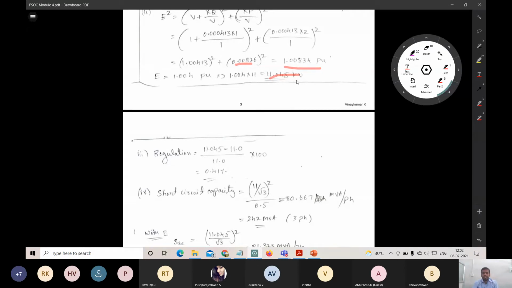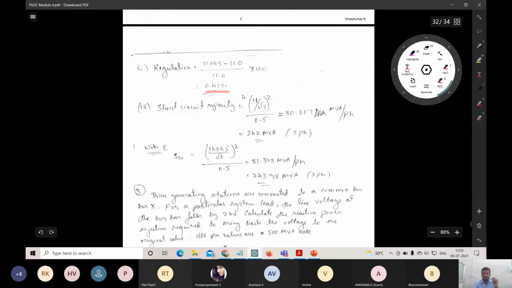If you want to calculate the regulation, take the change in voltage from no load to full load, or from sending end voltage to receiving end voltage. So sending end voltage minus receiving end voltage, divided by receiving end voltage, into 100 is the percentage regulation. So 0.41% is the regulation of our system line.